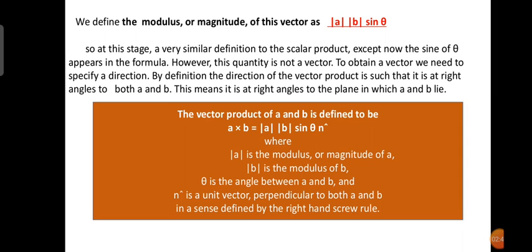What is n cap? It is the unit vector. Modulus of A is the magnitude of A, modulus of B is the magnitude of B, theta is the angle between A and B, and n cap is the unit vector. So this is the vector product.